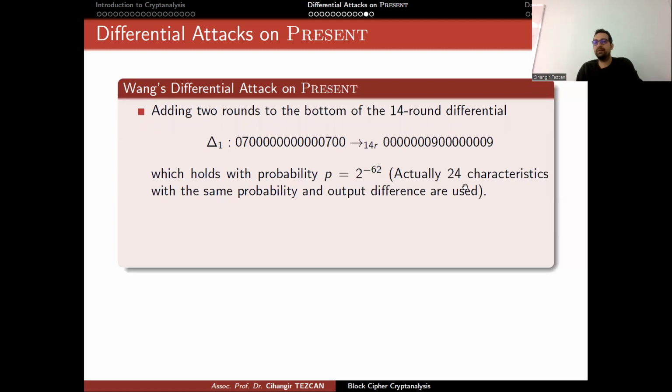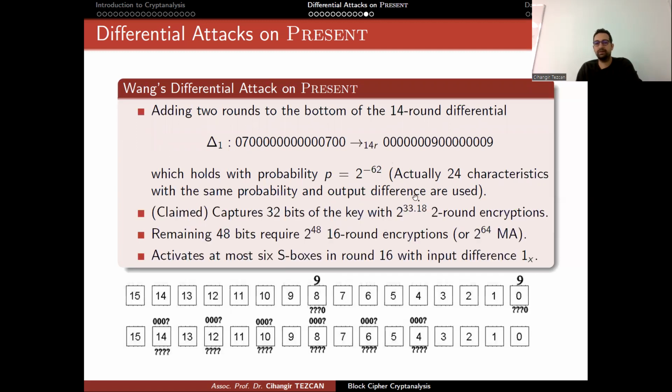They combine 24 characteristics with the same probability and output difference. This way, the probability is increased because they are using 24 characteristics. They claim that this attack captures 32 bits of the key with this many 2-round encryptions. The remaining 48 bits require 2 to the 48 16-round encryptions, or this many memory accesses.